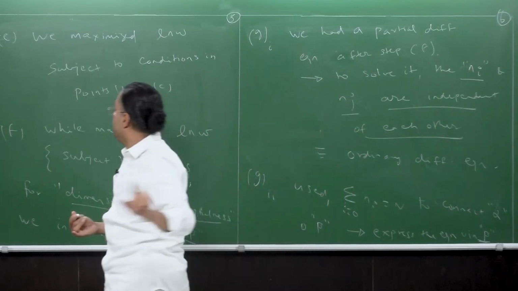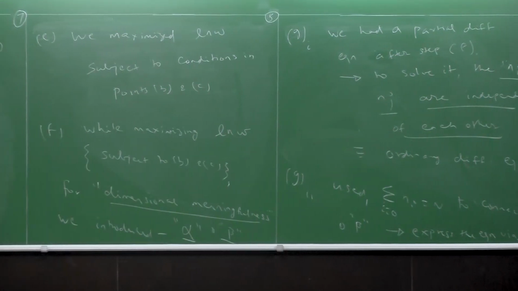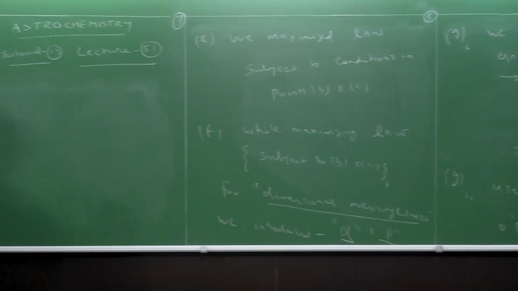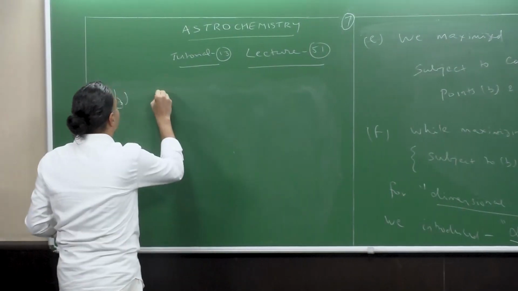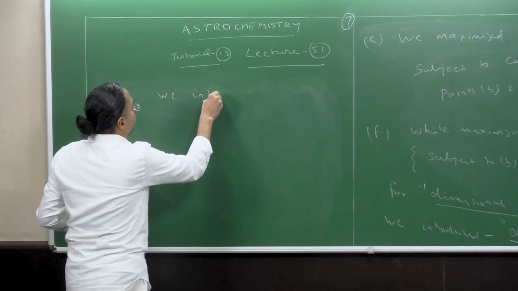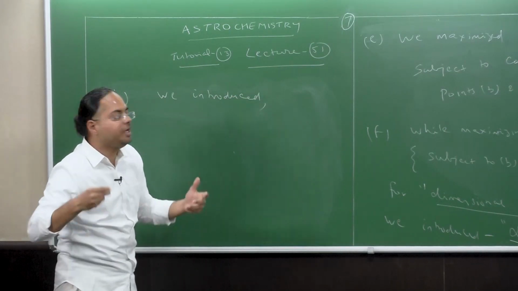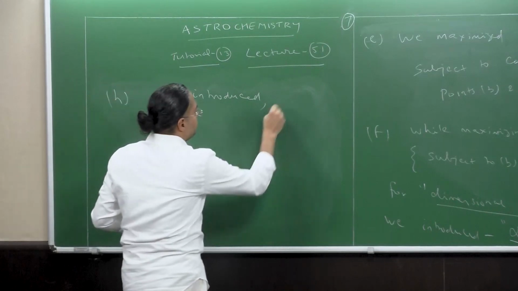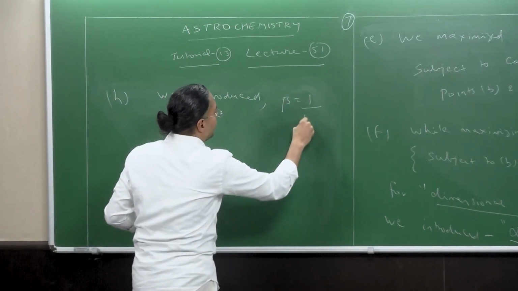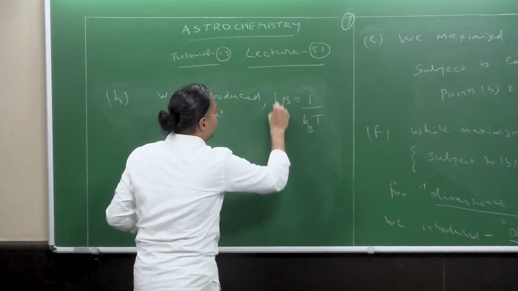Okay, now in step H, in the next step, I simply introduced beta equals 1 over kBT.